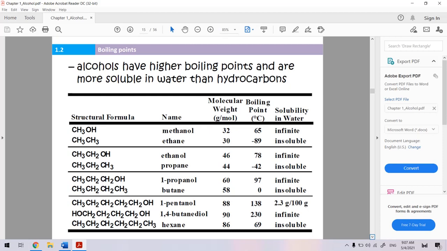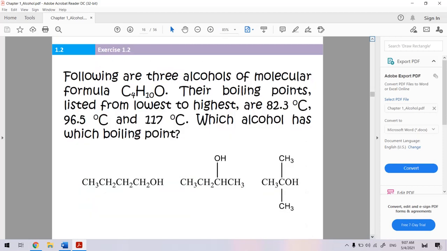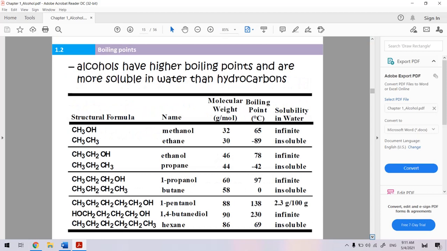Why does it become like this? Let's say this part of carbon we call the hydrophobic part. The OH group we call the hydrophilic part.